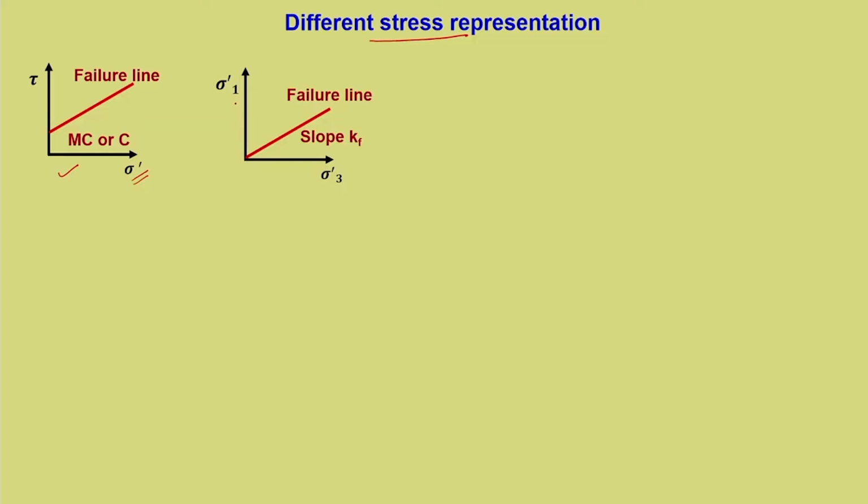We have also seen that sigma 1 dash by sigma 3 dash is the stress obliquity, and we discussed maximum stress obliquity in the last lecture.